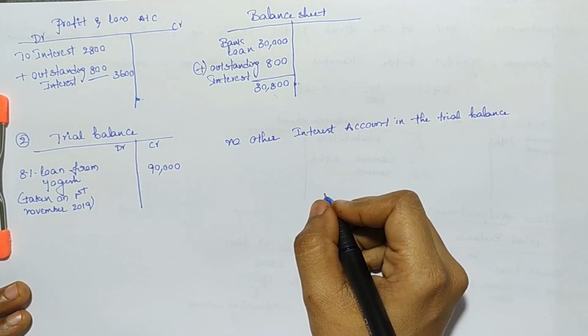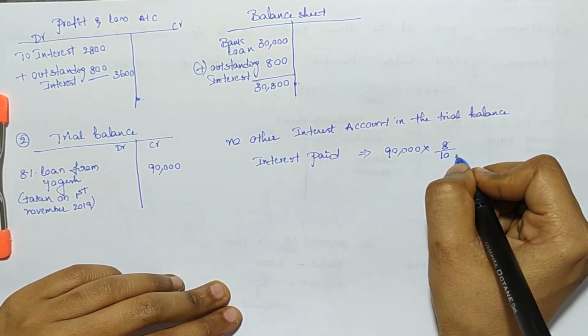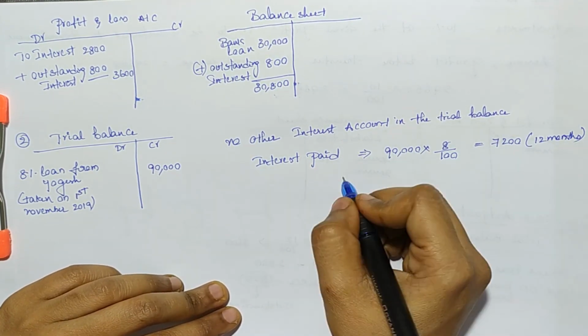balance sheet. Next example is, in the trial balance we have loan account balance, that is 8% loan from Yogesh taken on 1st November 2019 and the amount is 90,000. We don't have any other interest account in the trial balance. In this case, we need to calculate 8% on 90,000, which comes to 7,200.